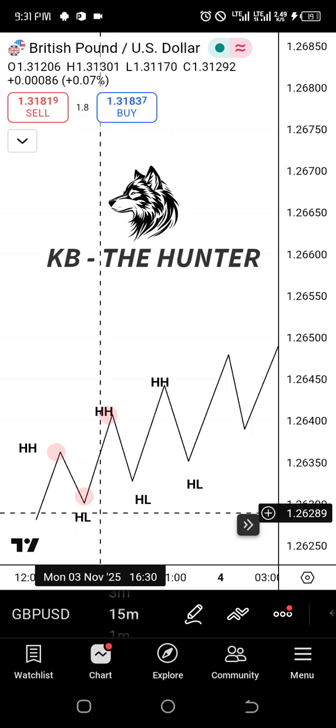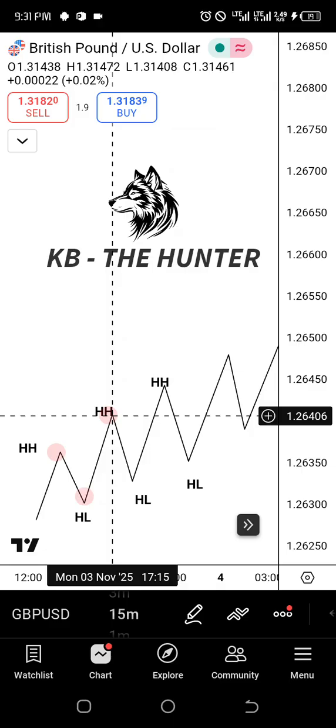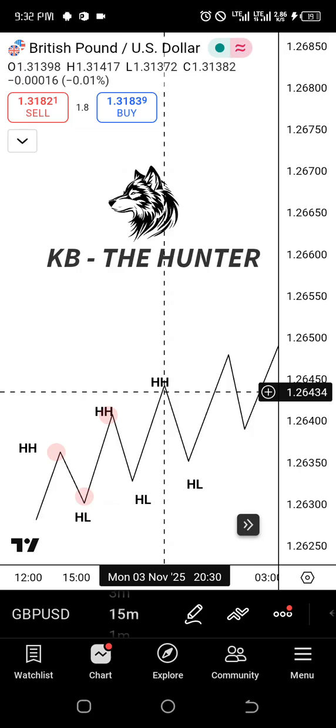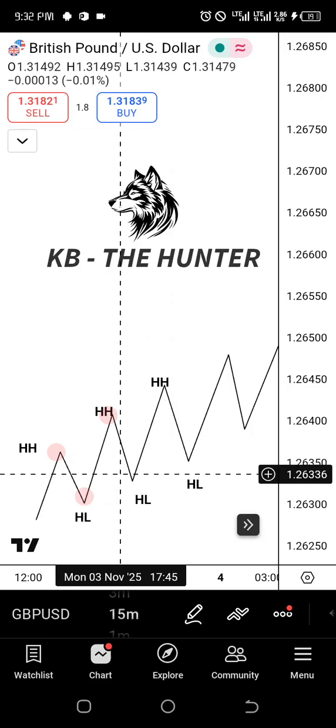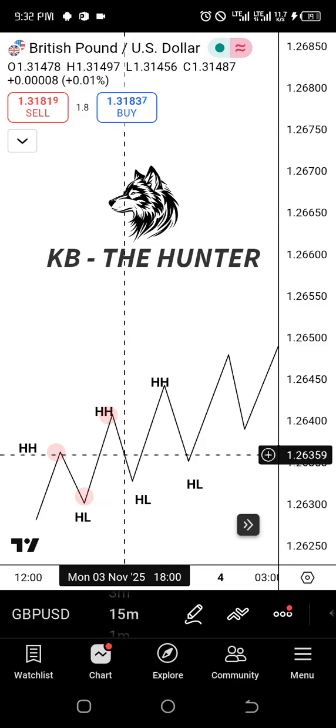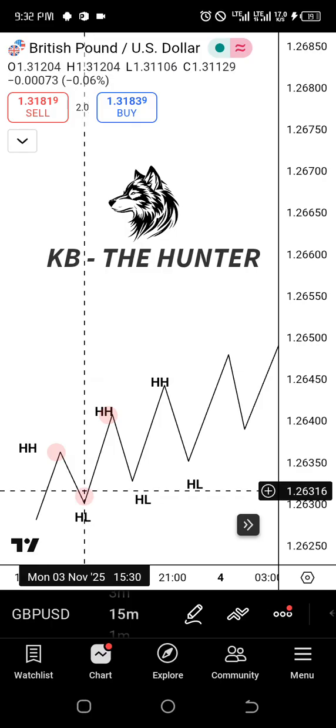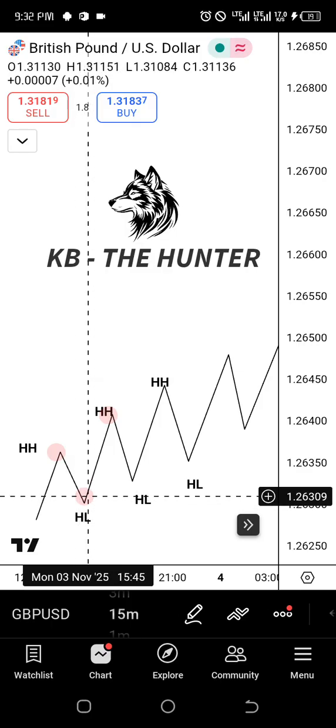Then let's say from this high the market retraces back and breaks this previous high, giving us a new higher high, then we have a new higher low. The lowest part of this move is called a higher low, so long as it doesn't break this one. Okay, are we good?